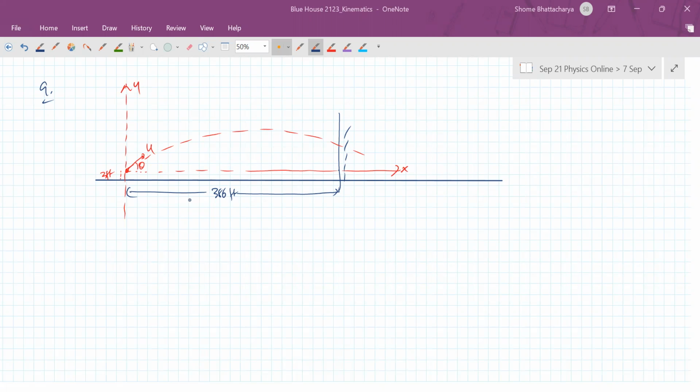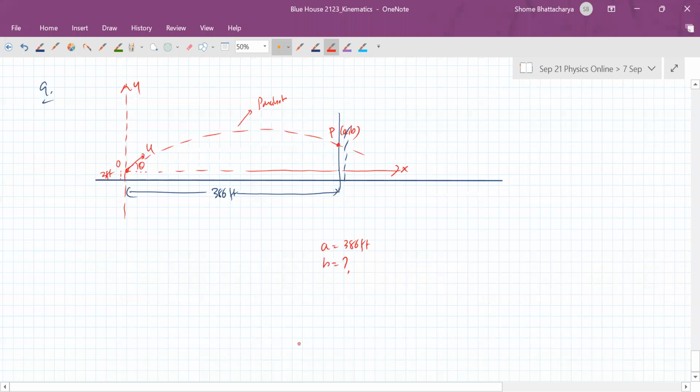Right. So you're hitting the ball from a position which is 3 feet above the ground level. That point I've taken as the origin, and from there the horizontal is the x-axis, the vertical is the y-axis. So this is your parabola, and this point where it's about to hit the wall, let's say that point is P. This point's coordinates are such that A is equal to 386 feet.